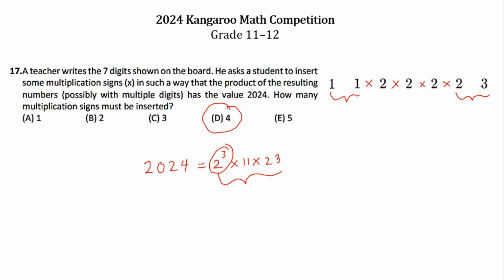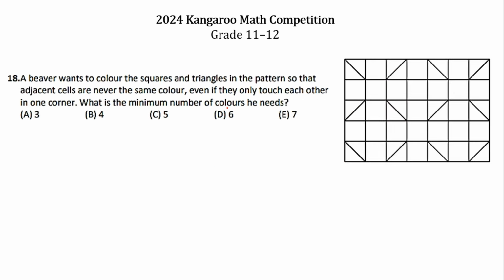Okay, so we have problem 18. A beaver wants to color the squares and triangles in the pattern so that adjacent cells are never the same color, even if they only touch each other in one corner. What is the minimum number of colors he needs?